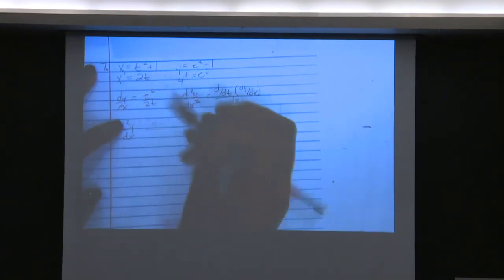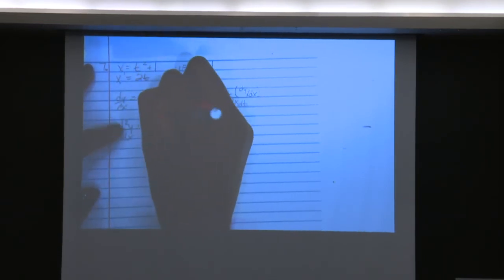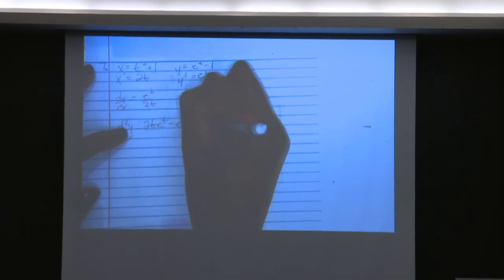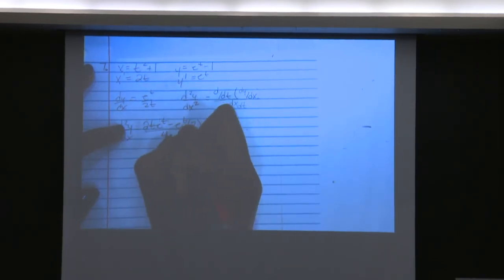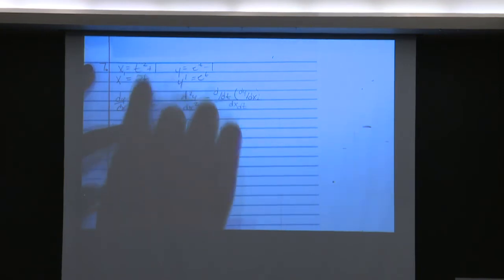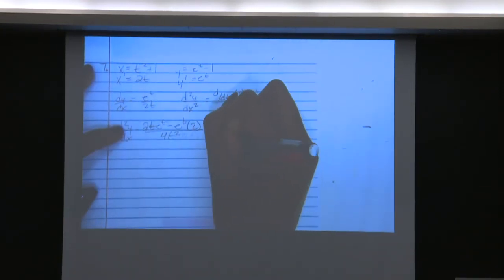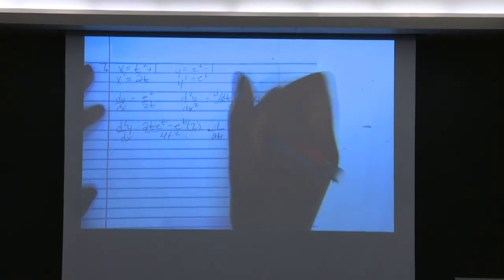So the derivative of this, and I made that mistake too, so I'm not going to do that again. Low d high minus high d low, and that gives me 4t squared, low, divided by the derivative of x, so dx/dt, and that's going to give me 1 over 2, multiplied by 1 over 2t.